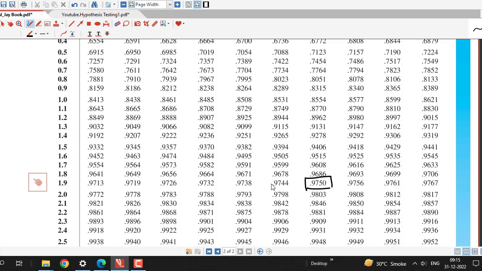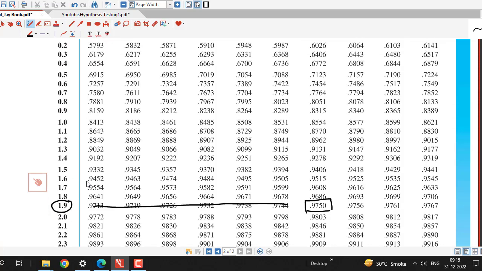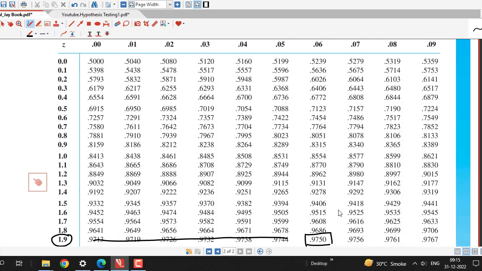So I am searching for 0.975 in this table, and you can see here I find 0.9750. So the value of z in this row is 1.9, and here the value corresponding to 0.975 is 0.06. So we have 1.9 plus 0.06, that turns out to be 1.96.